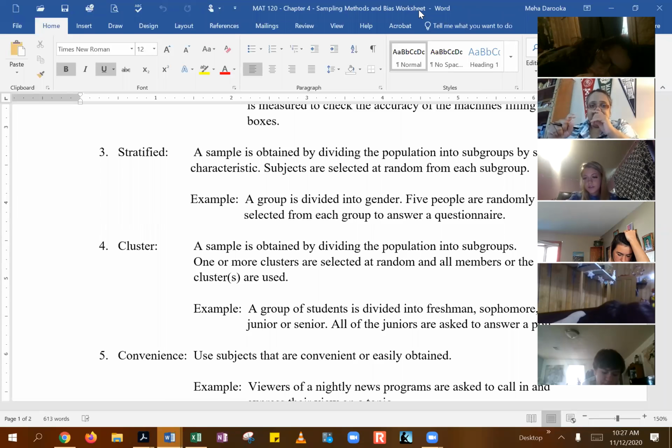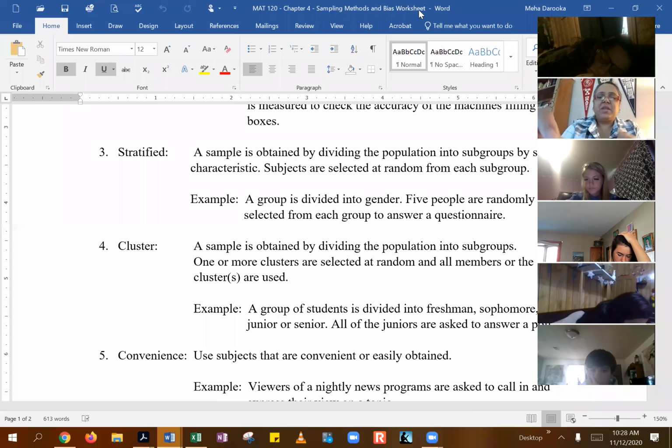With stratified, like I said, from each subgroup you would randomly select a member. Cluster means you would take everybody. So if we randomly selected the age group 21 to 30, everybody who falls in that age group becomes part of our sample. So you're selecting the whole cluster as opposed to just selecting some members from all of the subgroups.